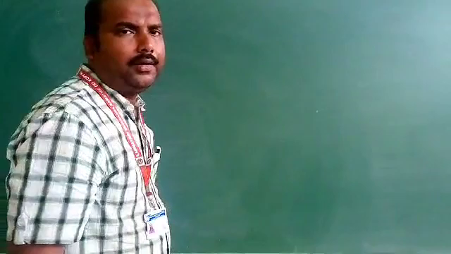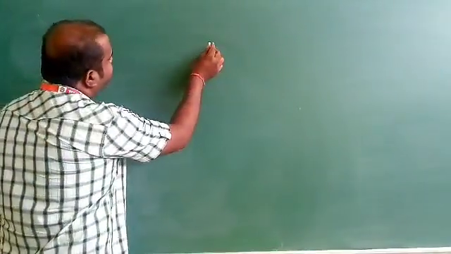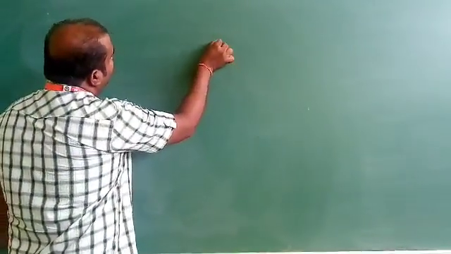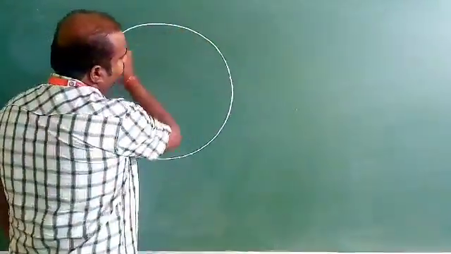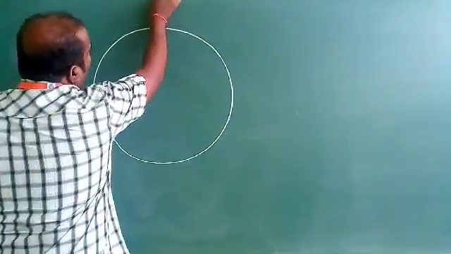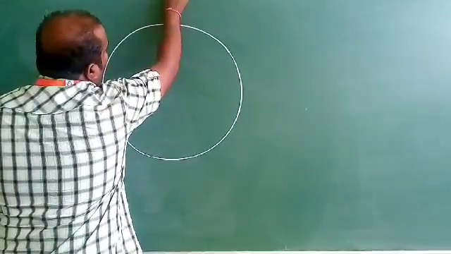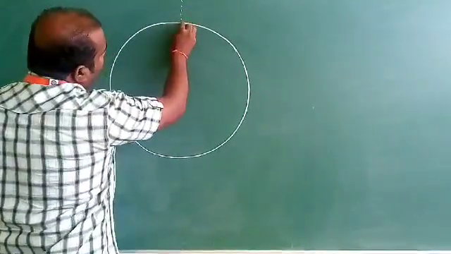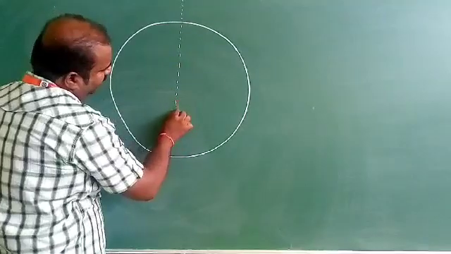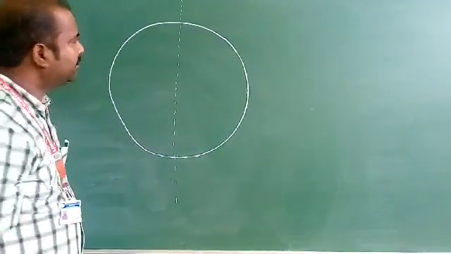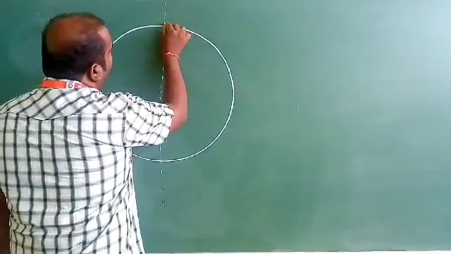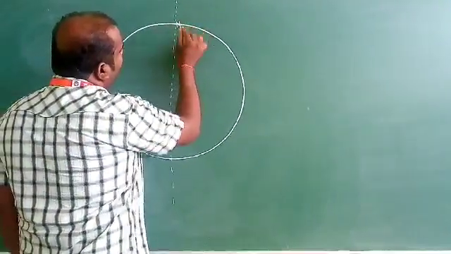Now, here I am drawing the diagram. See, this is our Earth. This is the axis. This we call the geographic axis. This is geographic north.